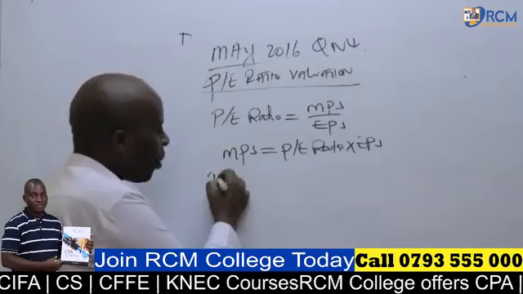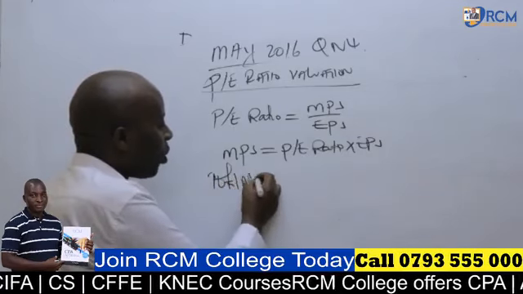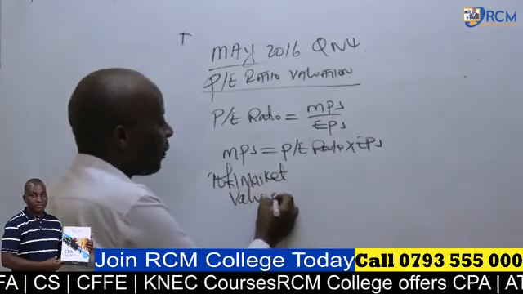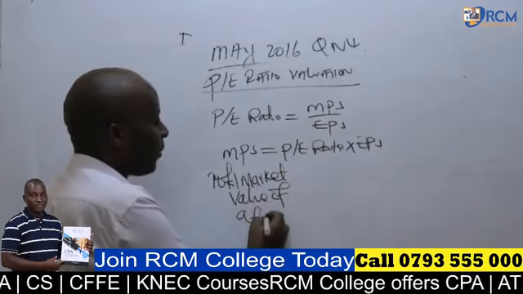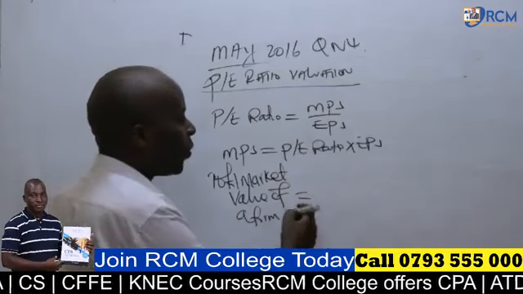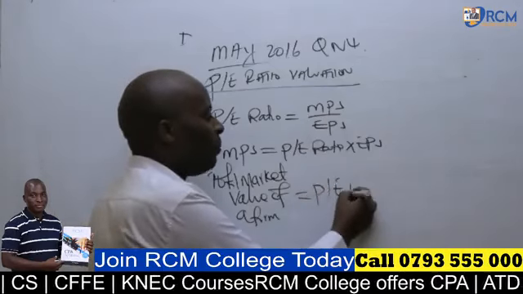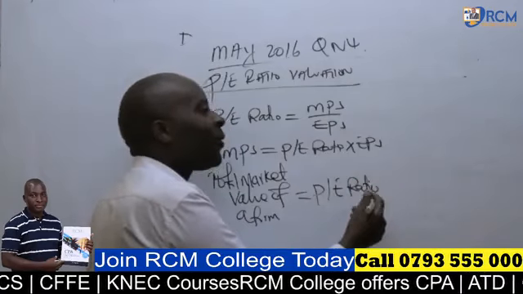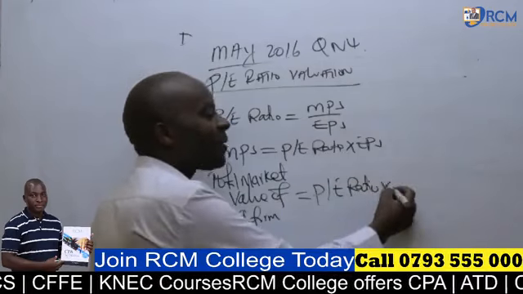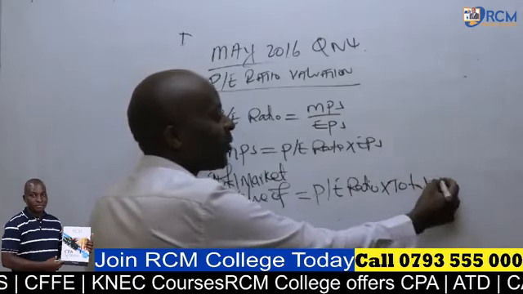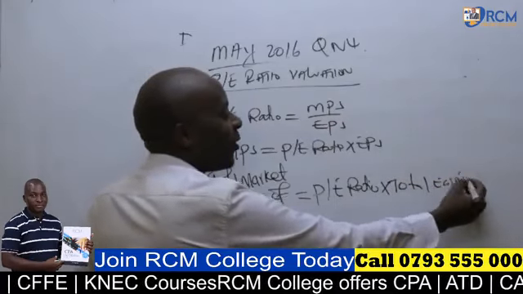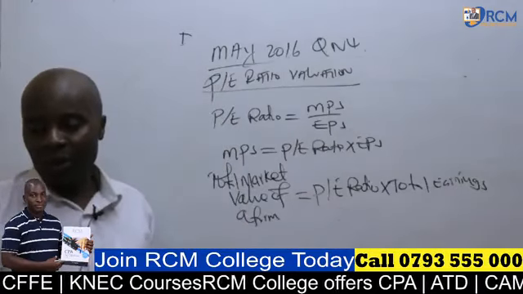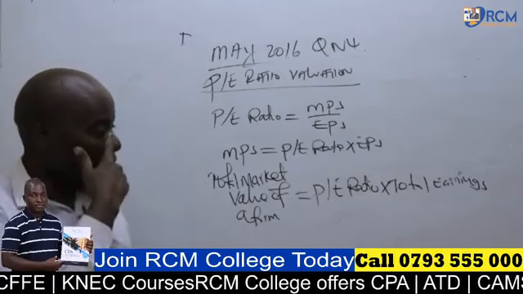So this one will be equal to PE ratio times total earnings.